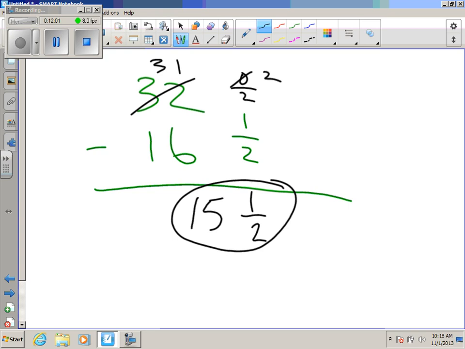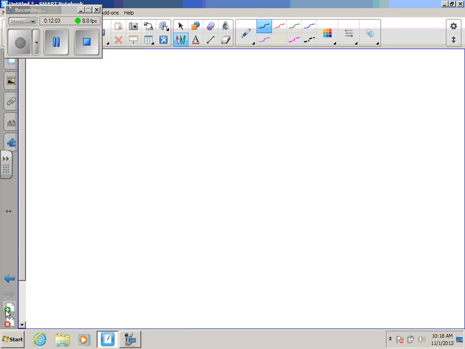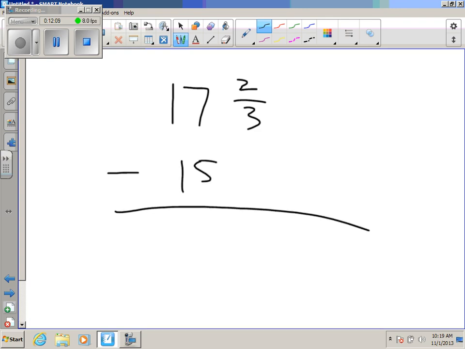Is there a difference between a problem that looks like this and one that looks like this? There's a difference. Because how many thirds are here with the 15? If you don't see any, it's the same as saying 0, right?